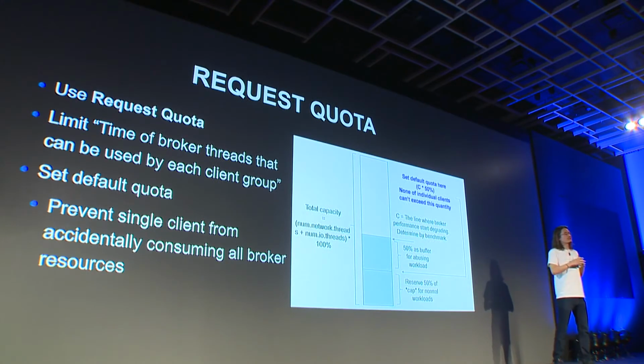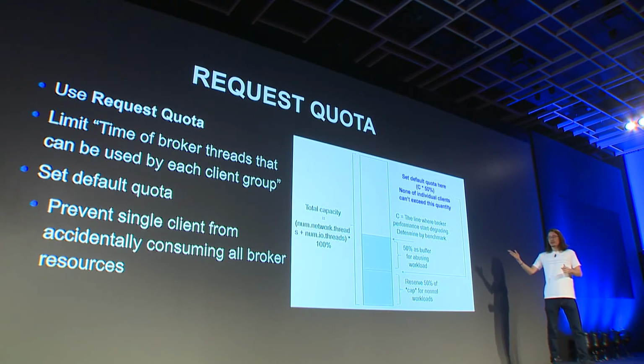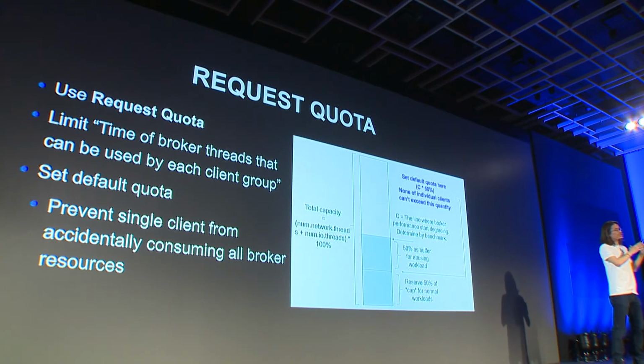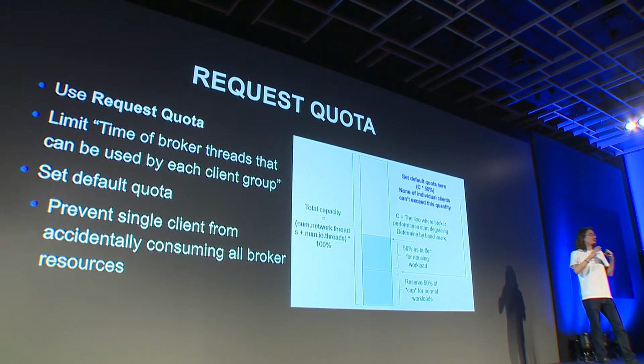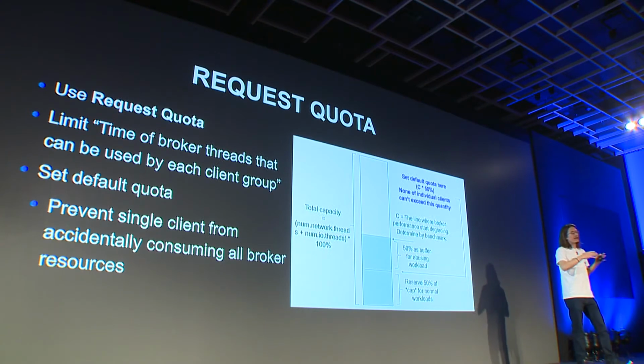So for us, the number of requests coming from the clients must be managed. Therefore, we are using the feature of request quota for Kafka. So the broker resources to be used by a client, more specifically, the broker's thread time, can be limited.